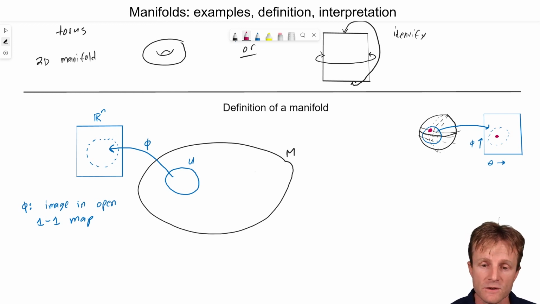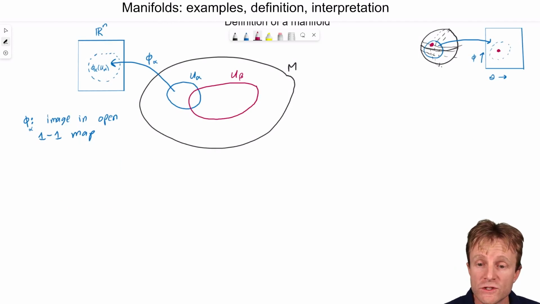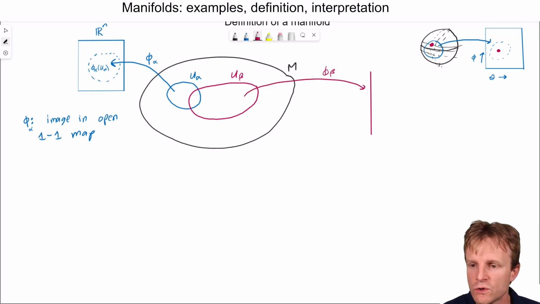And so let's consider another one that I'll draw in red that covers a different region of the manifold. And now I'm going to give these an index. So this will be U beta. This will be U alpha. The map will be phi alpha. And the new region U beta will have a new map, phi beta, to a new copy of Rn.